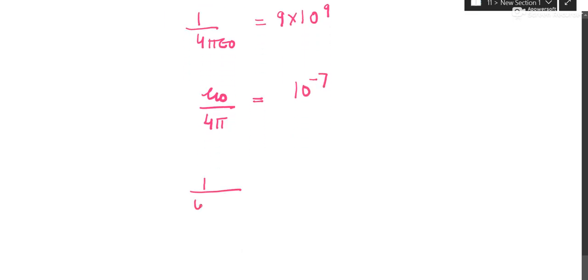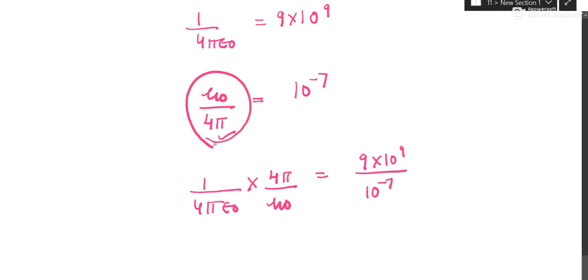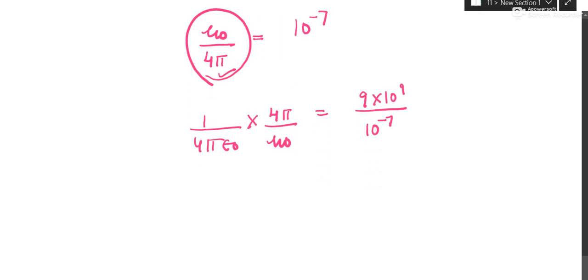So 1 by 4 pi epsilon naught, into, we are dividing, so this will come up, this will go down, is equal to 9 into 10 to the power 9 up, 10 to the power minus 7 down. This was down, so it was inverted. Okay? 4 pi cancel. So it is 1 by mu naught epsilon naught is equal to 9 into 10 to the power 9, 7 will go up. So it is 9 into 10 to the power 16.